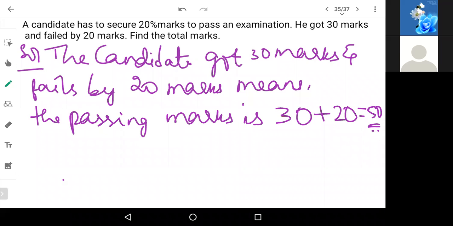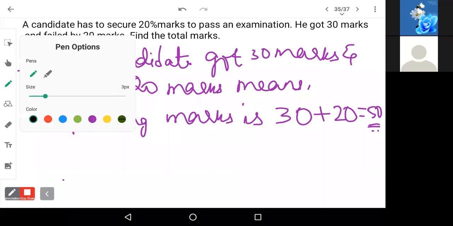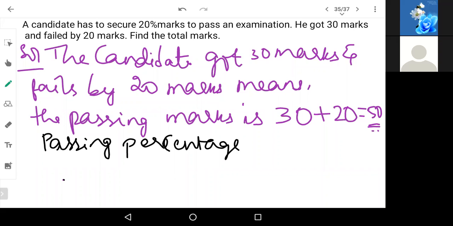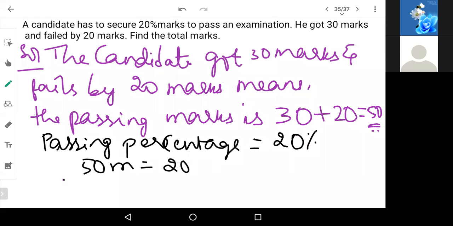So passing percentage, let us write it fully. Passing percentage that they have to get, passing percentage is 20%. Okay, to pass they have to get 20 percentage, which means if 50 marks is 20%, then for 100% what will be the marks?